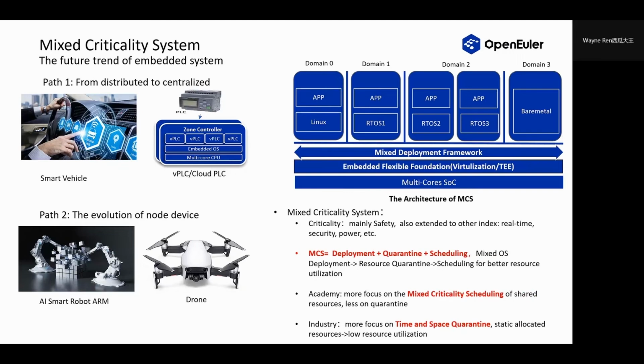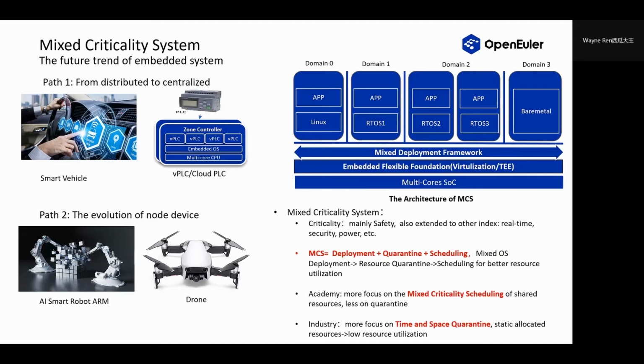It can also be extended to smart vehicles, where MCS is very hot, proved by the fact that the distributed ECU architecture is evolving to a centralized domain controller or zone controller. In industrial IoT, the story of virtual PLC or cloud PLC, where traditional distributed PLC controllers are deployed in the edge, even in the cloud, is another good example.